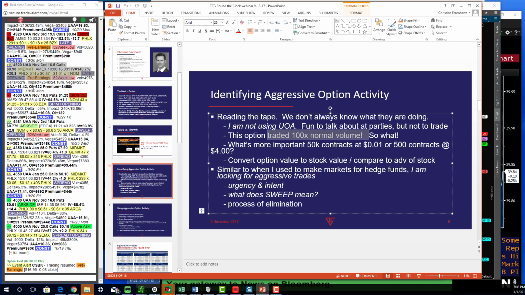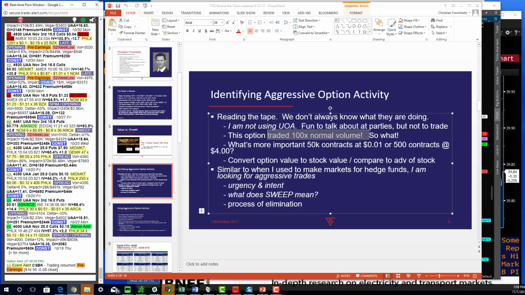So, for this Under Armour order, the delta is about 52%. The premium, it should tell me what the impact is, I think they're saying impact is about 250. So without doing the math, they're saying that this 4,900 of Under Armour November 16.50 calls is equivalent to 254,000 shares.